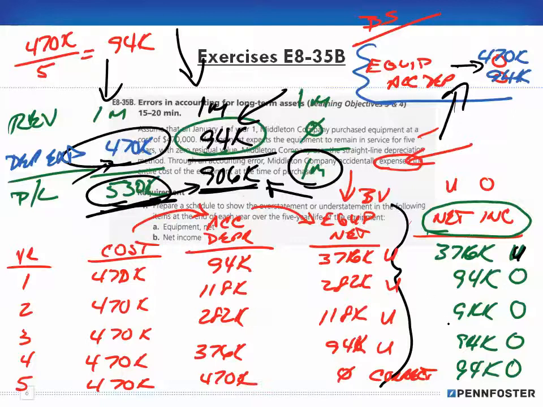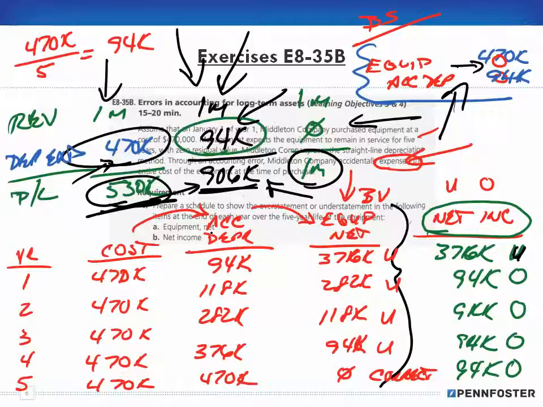Then each and every following year, I don't have any expense, but I should have the 94,000 in expenses. So the difference each year is an overstatement of my profit because I don't have the expense. All right, so that's a summary of it.